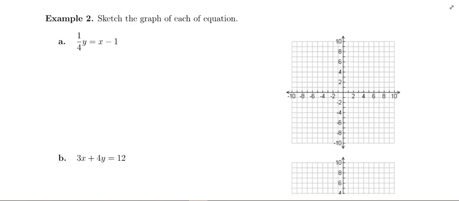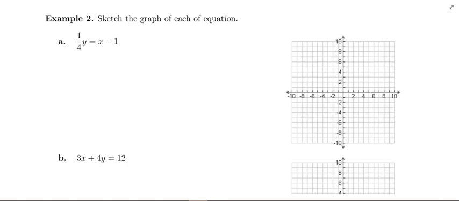Now it's not exactly in y equals mx plus b form, but a big clue here that this is a line is that the highest power of x is the first power. You don't have x squared or x cubed or x to the 4th. You don't have any square roots. It's not a fraction.